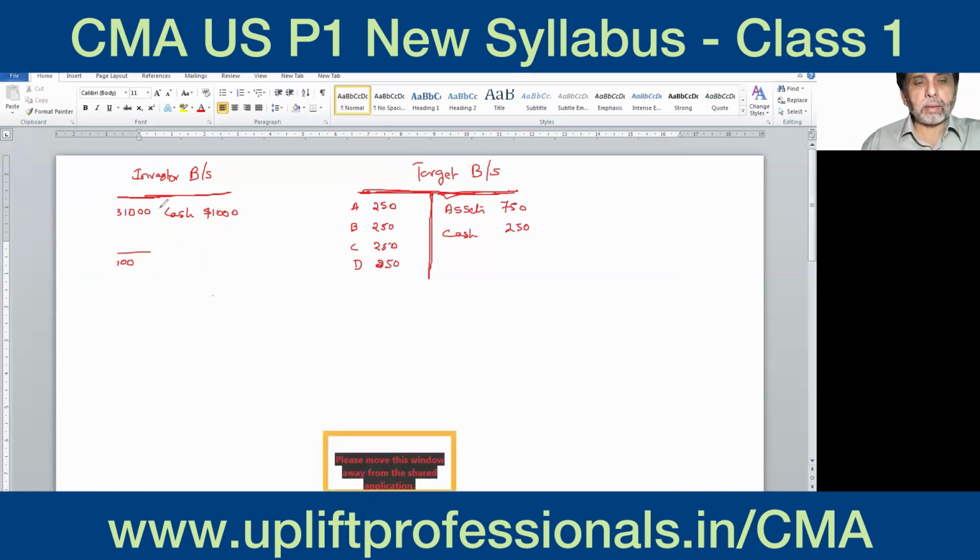A loan is granted of 250. So it will become loan receivable. I'll put LR as a short form. Loan receivable 250. Is that okay?